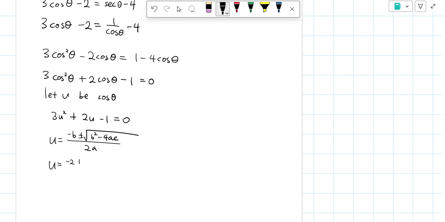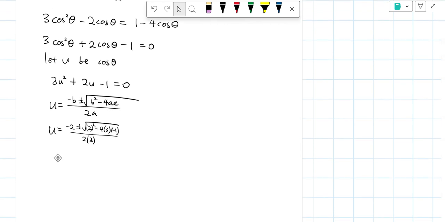U is equal to negative 2 plus minus square root of 2 squared minus 4 times 3 times negative 1, divided by 2 times 3. U is negative 2 plus minus square root of 4 plus 12, which is going to be 16. Alright, it solves nicely.